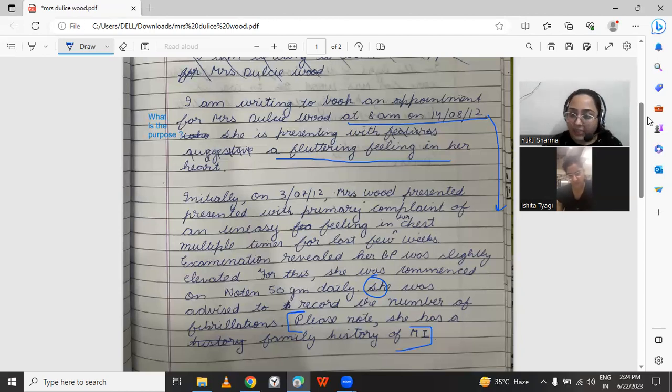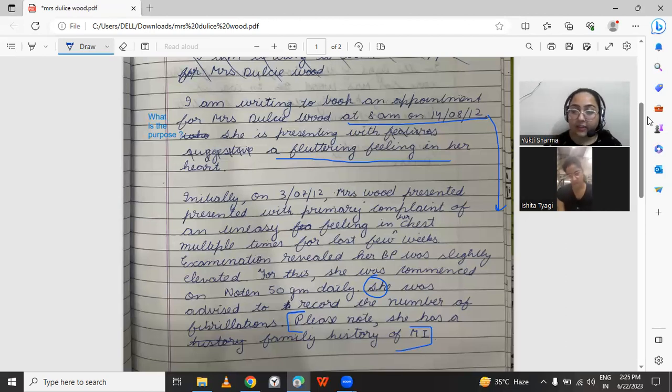And these are practice case notes. Most of the time in authentic ones, you will see that the provisional diagnosis is mentioned, so you will not have to make any changes. So here it's completely your choice. You can say that she's presenting with features suggestive of fluttering feeling, or she's complaining of a fluttering feeling in her heart. You can even say that.